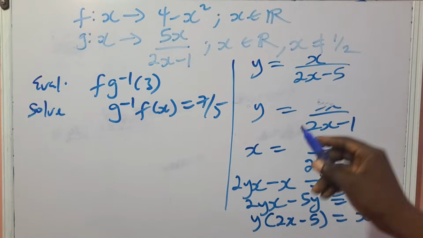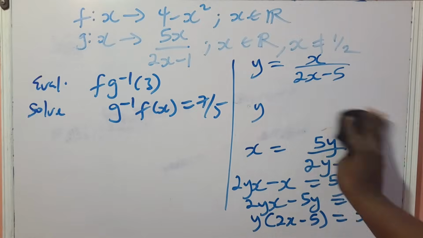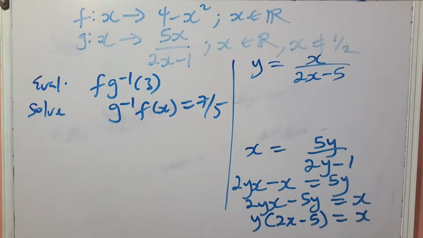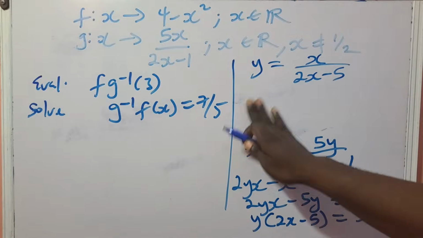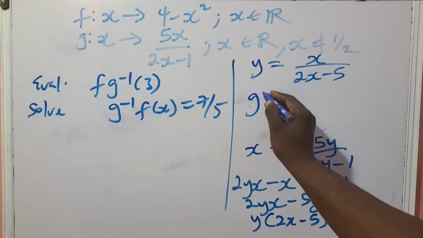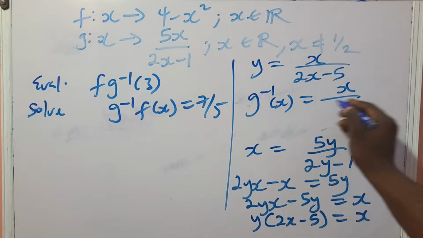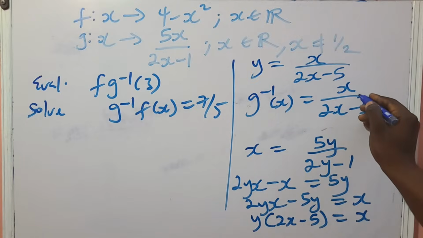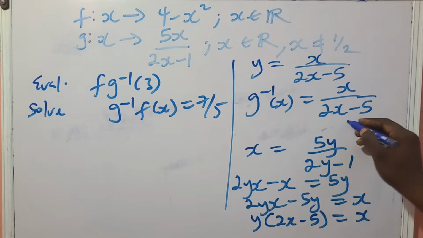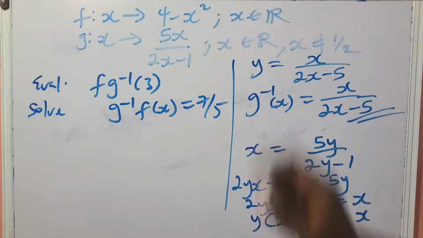The last step is to change y to the function. Don't forget we're solving for g inverse of x, so you change y to x over 2x minus 5. This is something we have explained before. So this is the inverse of the g function.